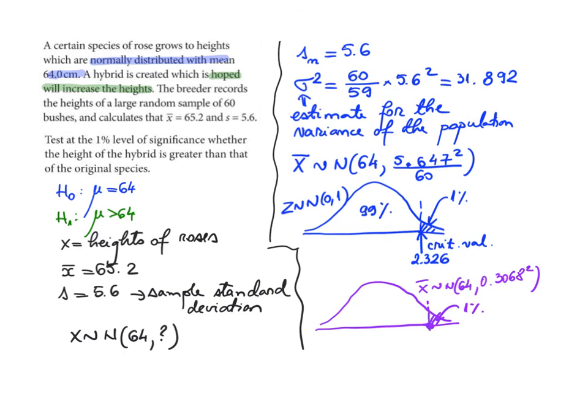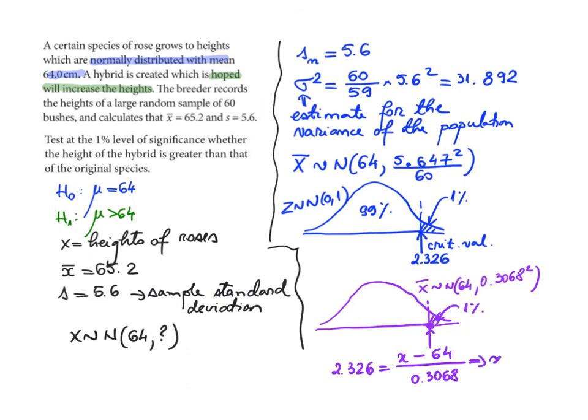Let us get the decision rule in terms of the sampling distribution of the means. So I know that the value corresponding to 2.326 is given by 2.326 equals my value x minus the mean over 0.3068.